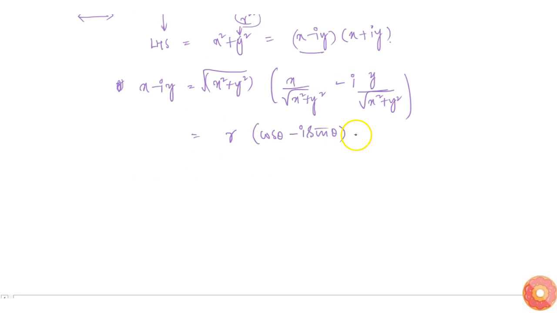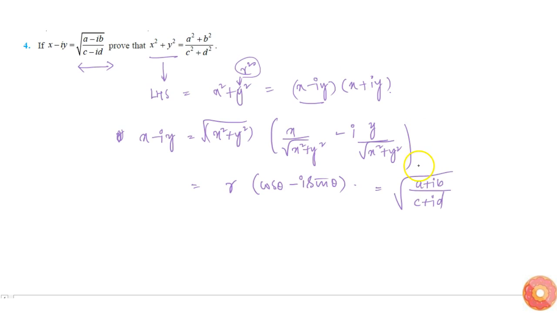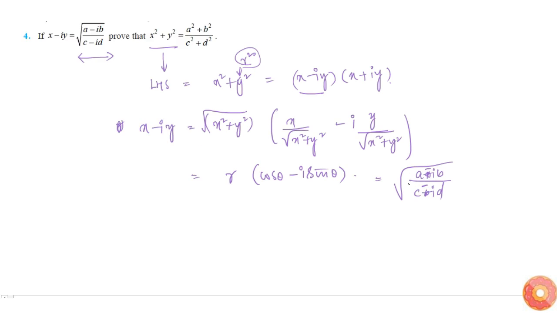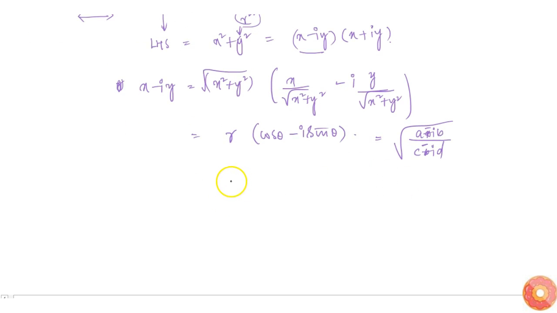So if this is equal to square root of a plus ib by c plus id, sorry, a minus ib by c minus id, I'll square it on both sides. Then this will become r square into cos theta minus i sin theta whole square, which is simply equal to a minus ib by c minus id.